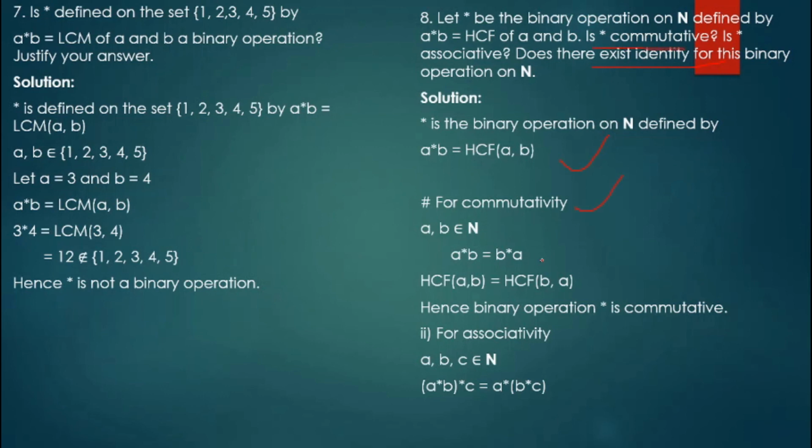Commutativity. So we write the property: HCF of A, B is equal to HCF of B, A. Actually, it is equal. If you want, we can go for an example.